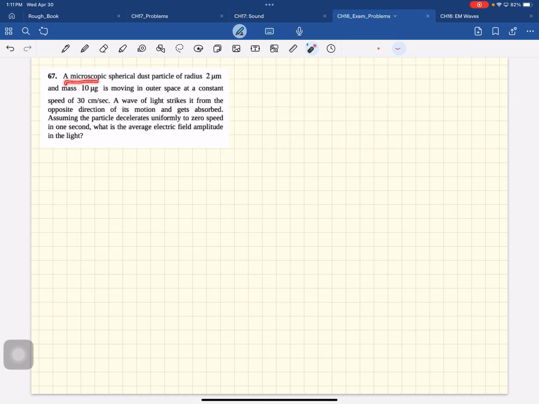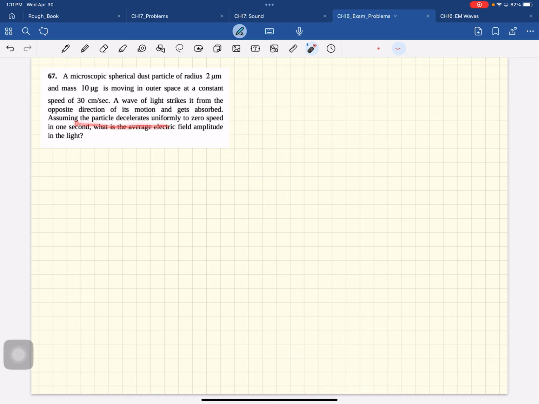All right, a microscopic spherical dust particle of radius 2 micrometer and a mass of 10 microgram is moving in outer space at a constant speed of 30 centimeters per second. A wave of light strikes it from the opposite direction of its motion, and it gets absorbed.